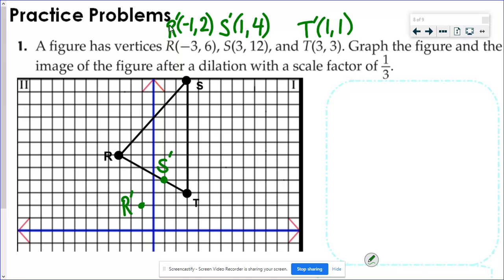I thought I messed up. T prime is at 1, 1. A scale factor of 1/3 really does make it a lot smaller. So that's my new image. And then when I connect the origin through the R's, it matches up. Through the S's, it matches up. And through the T's, it matches up.